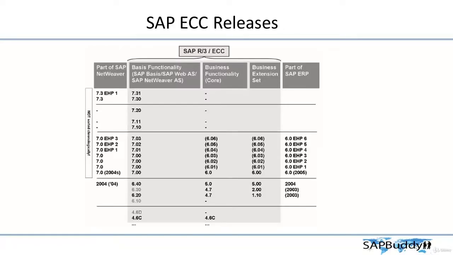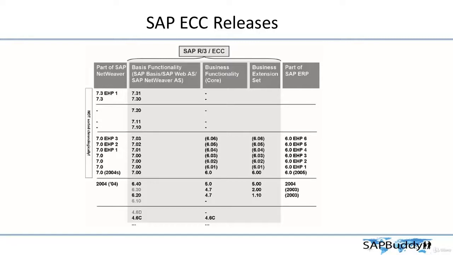Here in this particular presentation, you can see the different ECC releases, which give you the overview of the functionalities, either basis or functional, and you can see the ECC related releases in the SAP system. From 4.6C we have gone upwards, then we have ECC.